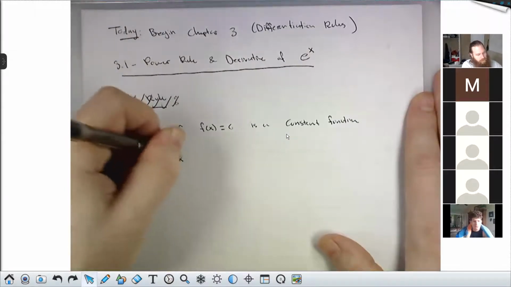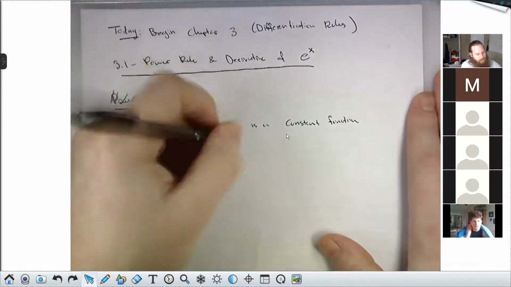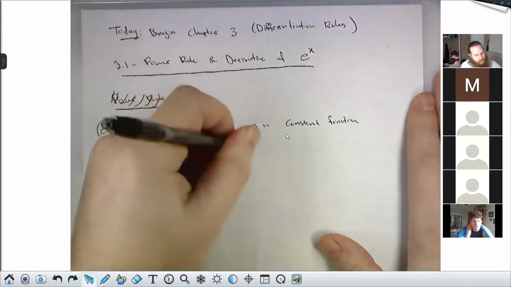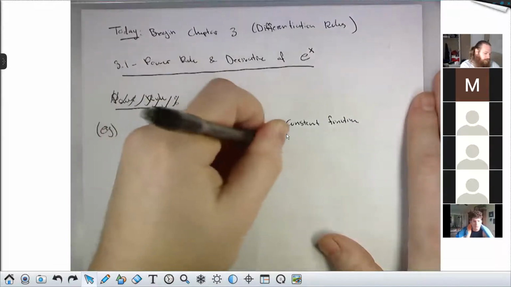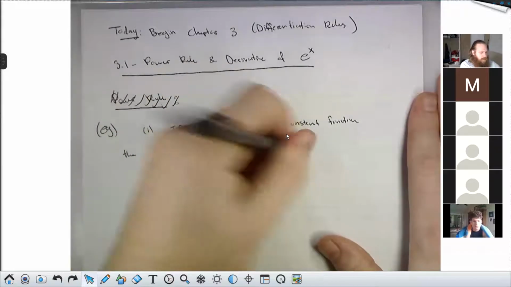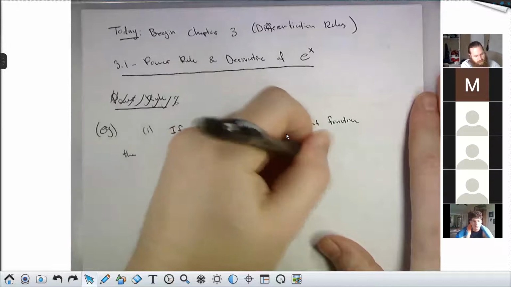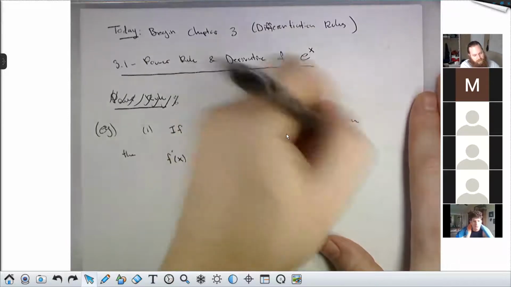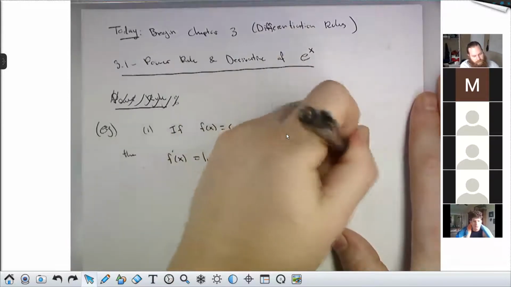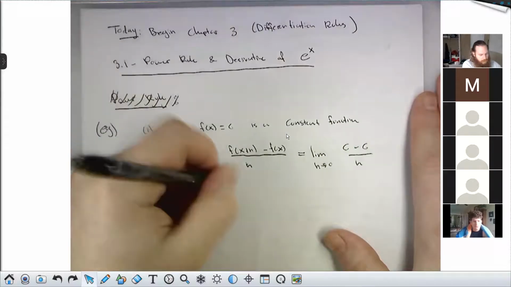f primed of x is the limit as h goes to 0, f of x plus h minus f of x all over h. But for a constant function f of x equals c, f of x plus h is c, f of x is c, so this is c minus c over h, which is 0 over h.